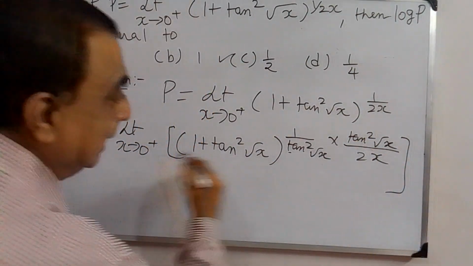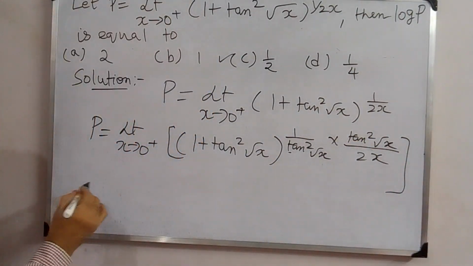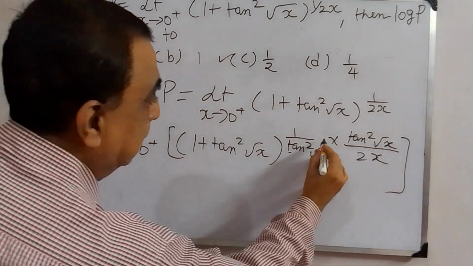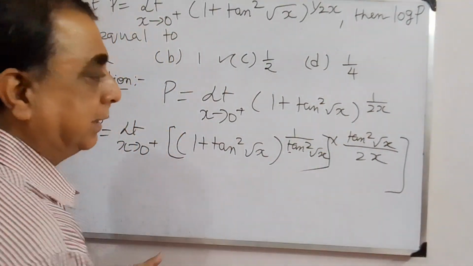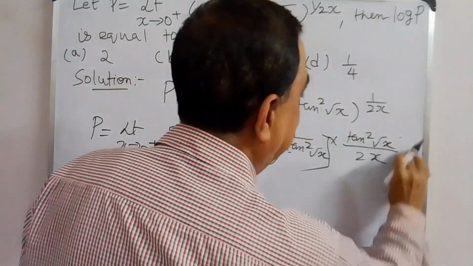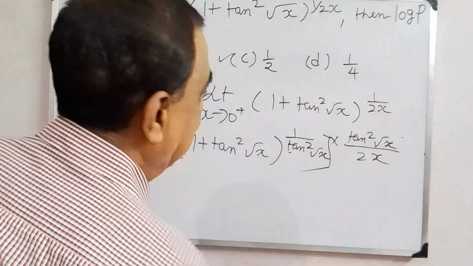So now take the log of both sides. Here I am putting this in one bracket, and this in another.